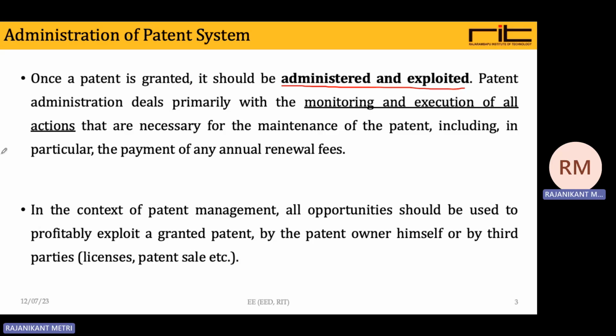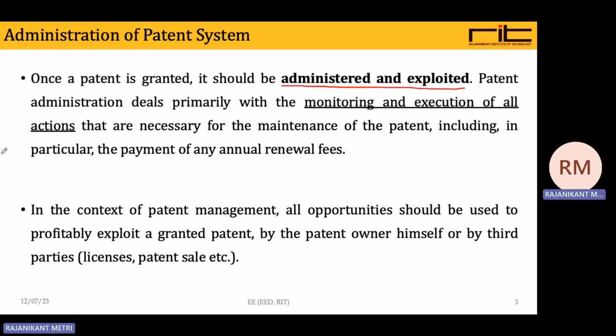In that, the annual fees of that particular patent holder should be taken care of, as well as the protection of that particular patent is monitored. So this is a primary responsibility of administration.